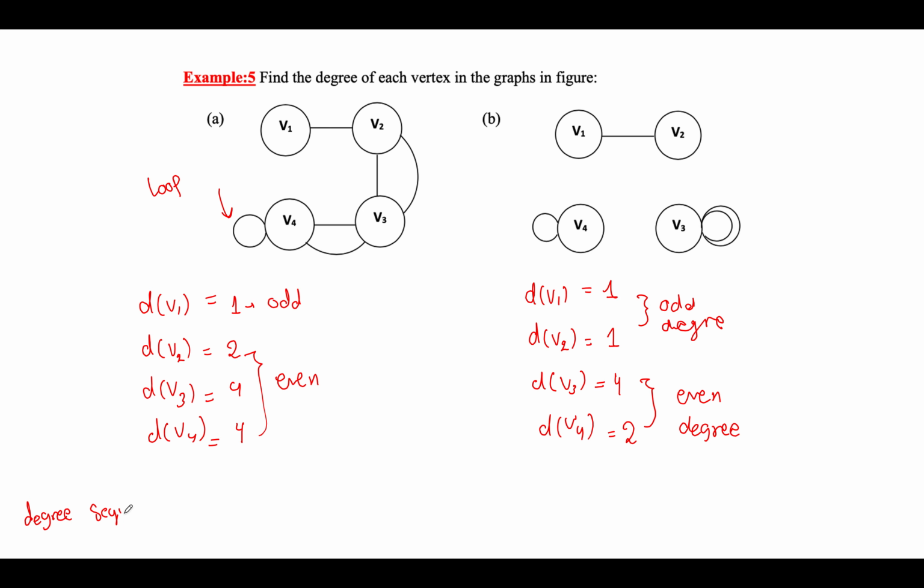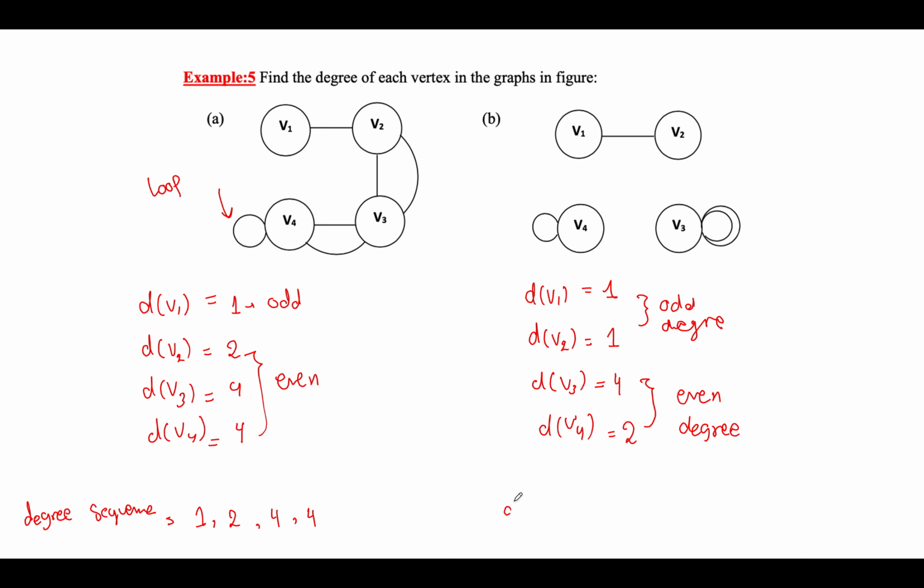A degree sequence is the same as the degree of each vertex, however it's written on the same line. Here we've got 4 vertices, so we will have 4 columns. V1 has only 1, V2 has 2, V3 has 4, and V4 has 2.